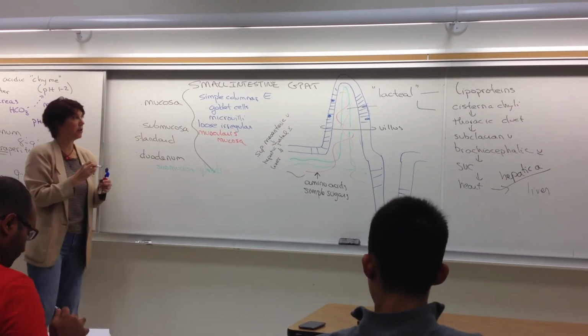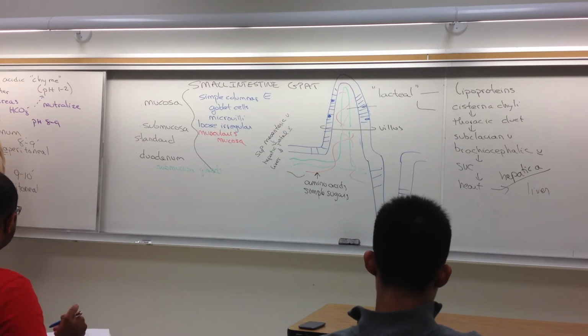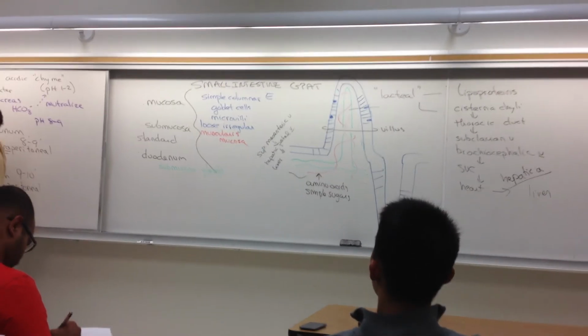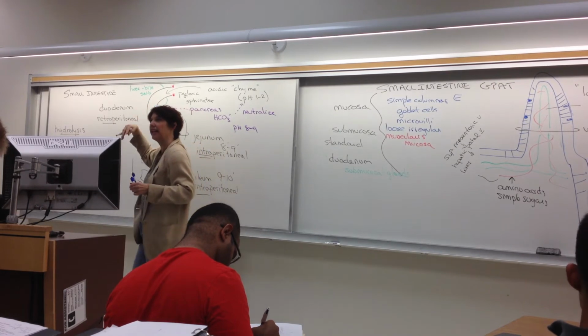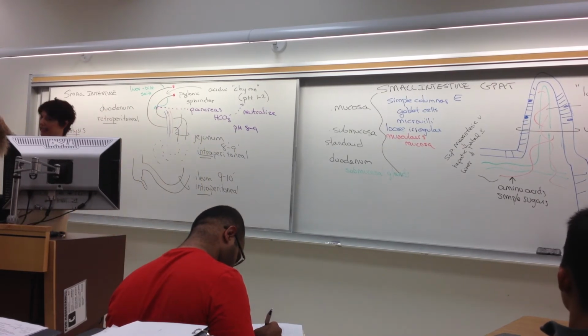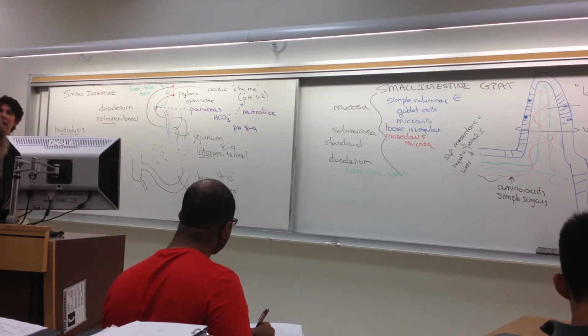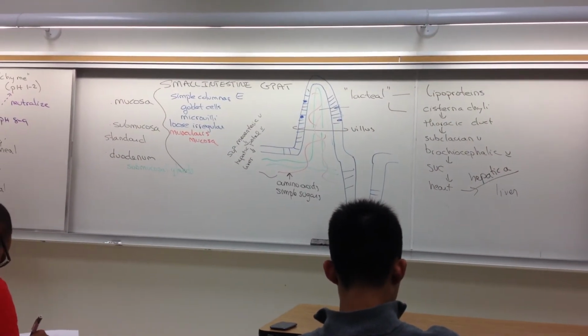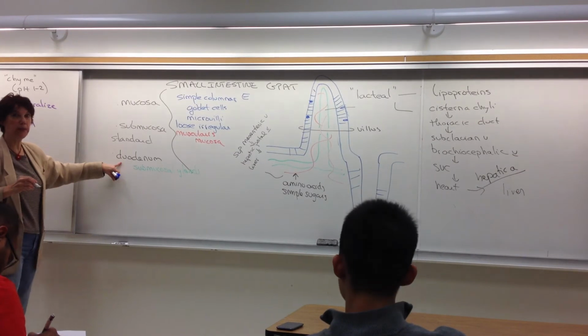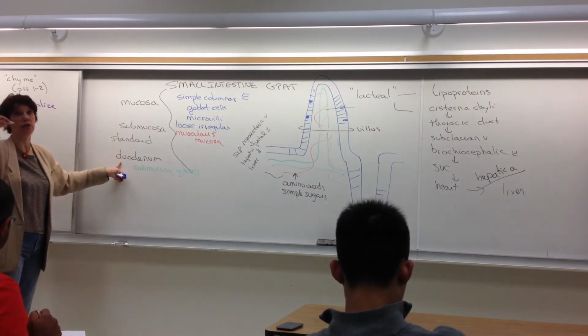And again, remember the duodenum is carrying acidic chyme. So the presence of these submucosal glands helps to protect the lining of the duodenum from that acidic pH until the bicarbonate ions have a chance to neutralize the acidic pH. All right? So those are present only in the duodenum, not in the jejunum or the ileum.